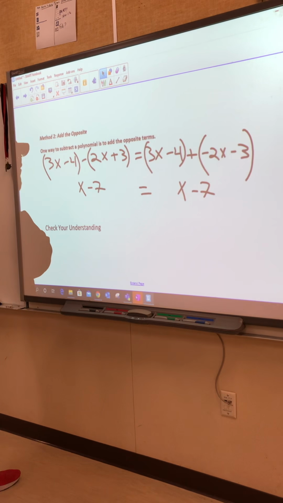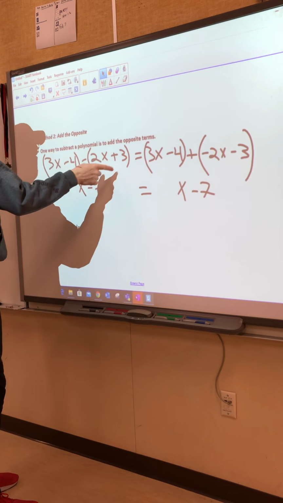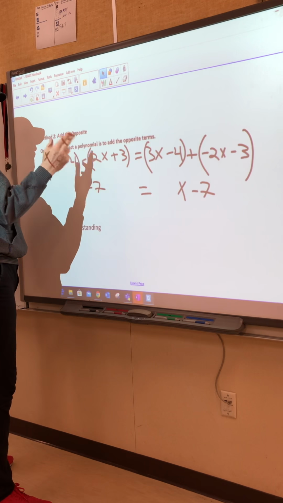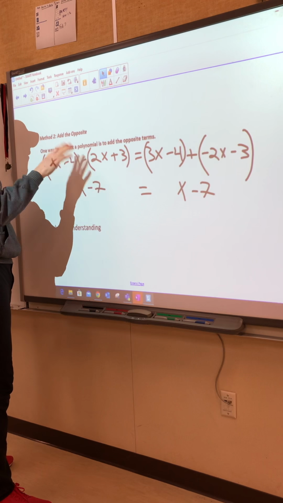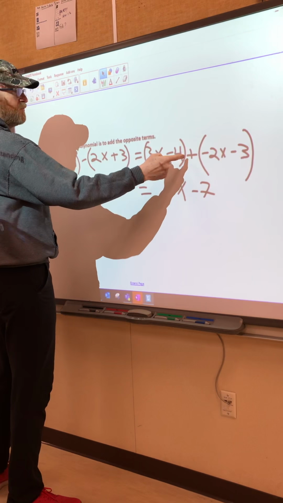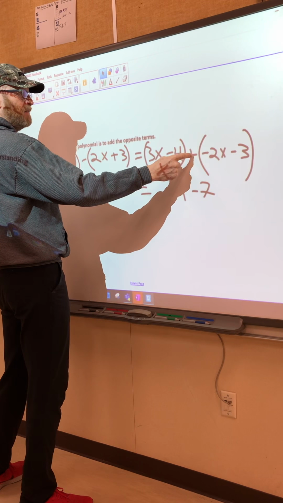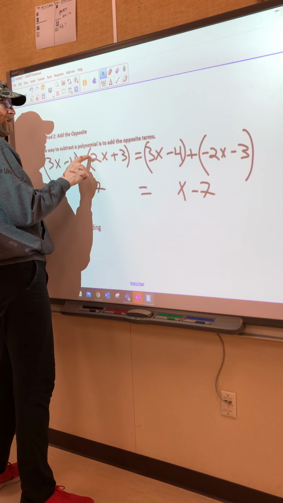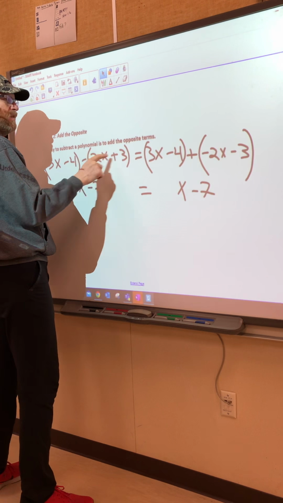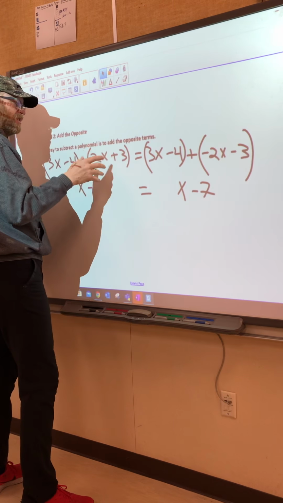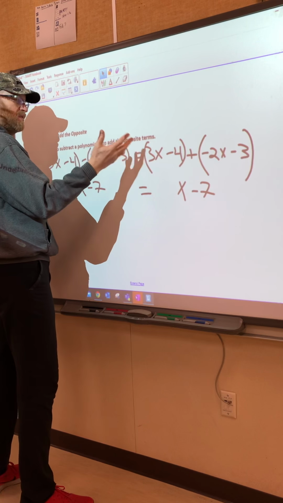Okay. So if you choose to do it this way and use your integer movement like you know how to do on the stairs or on a thermometer, fine. If you choose to change the subtract sign to add, and then change the positive to a negative, or vice versa. If this was negative and this was negative, you could change it to positive.